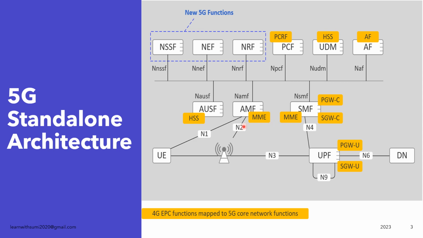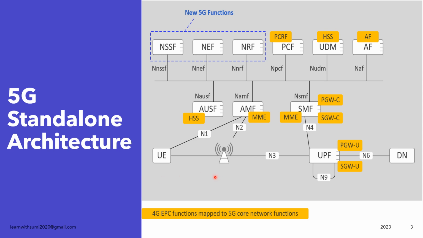If you don't know the difference between standalone and non-standalone architecture, I have given a difference between standalone and non-standalone in the previous lecture. You can go through that video and you can come back here later for a better understanding.